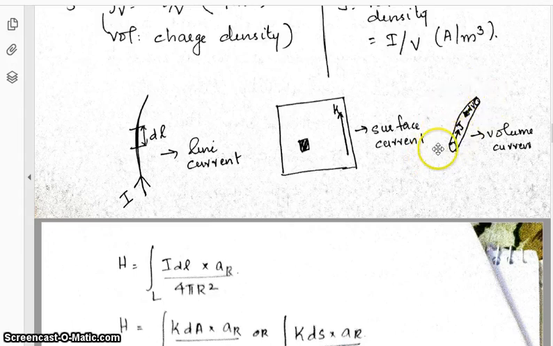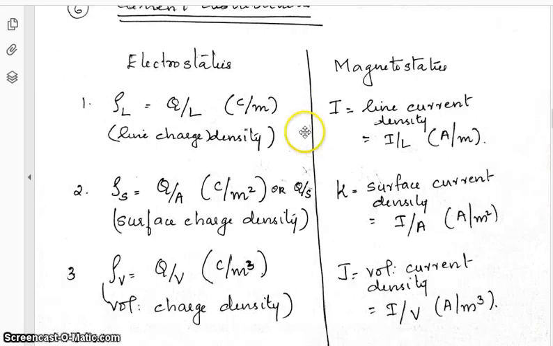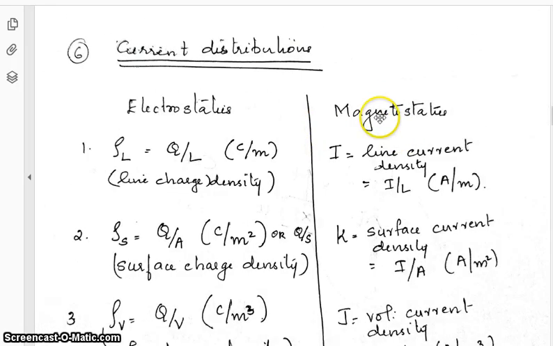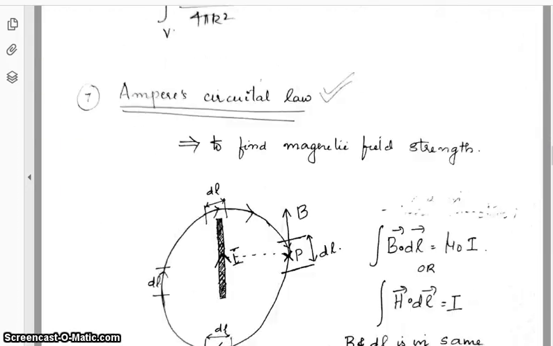And if you are taking a body which has volume, then the current flowing through that body will be volume current density. And these are three formulas for magnetic field intensity in terms of our current distributions, I, K and J, that you can learn by heart.